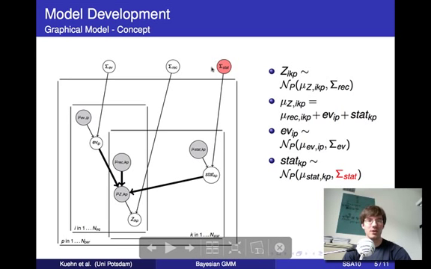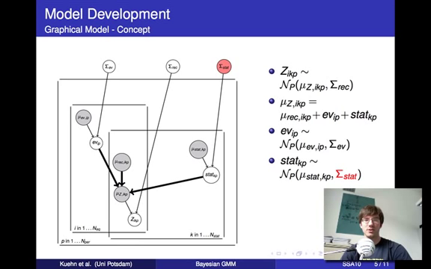There's one thing: we don't consider the between station variability, because we don't have a lot of stations which record multiple records, and therefore we cannot really estimate the covariance matrix in a stable way. This one corresponds to the between event covariance, and this one corresponds then to the within event covariance.